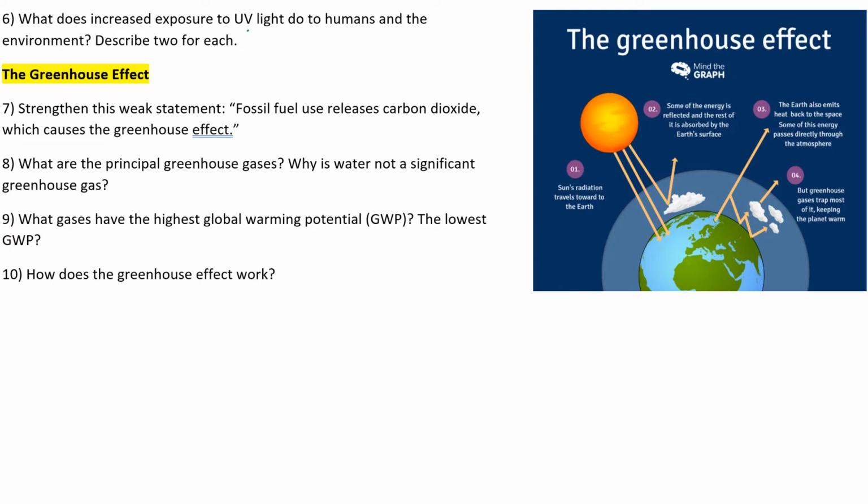So, two effects. For humans, it causes cataracts, skin cancer. For the environment, crop damage, and that's due to the inhibition of photosynthesis.